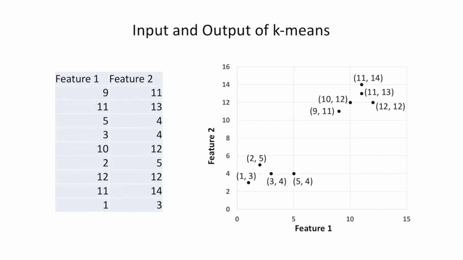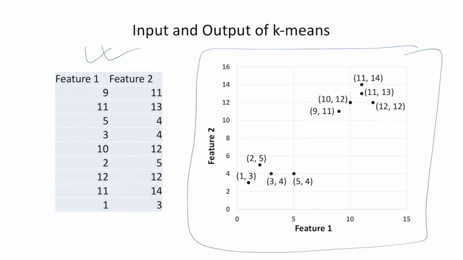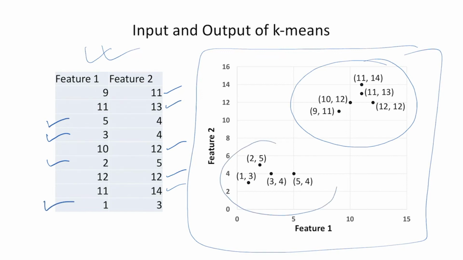With our running example, if we plot all these points in a two-dimensional graph, we will see that these rows will be close by here. And the other points, which are 5, 4, 3, 4, 2, 5, and 1, 3, are here.